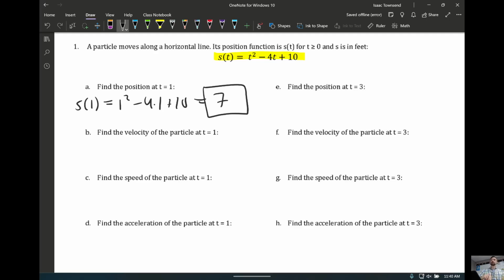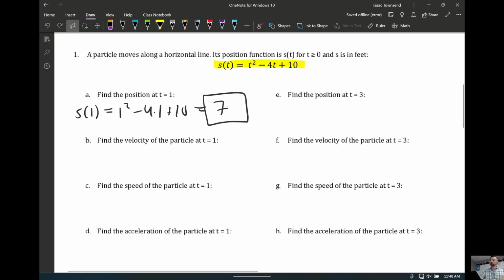Oh, we actually know this is in feet. Let's say t is in seconds. Let's add that in the directions. So we can do units here too. So position, he's 7 feet from where he started.